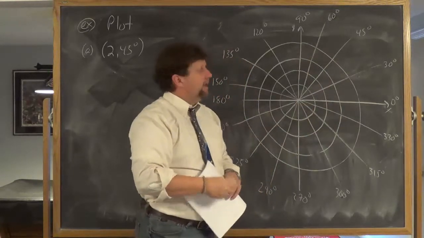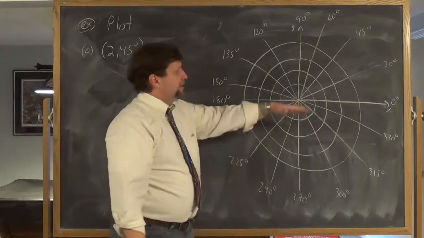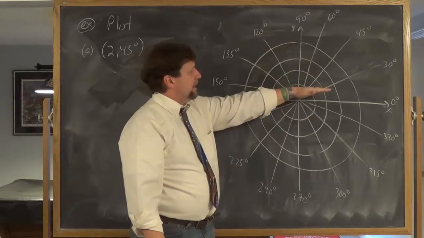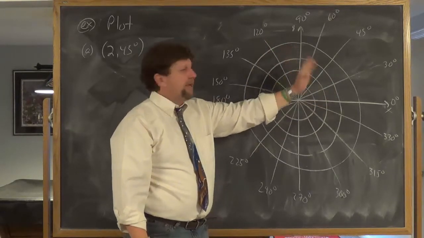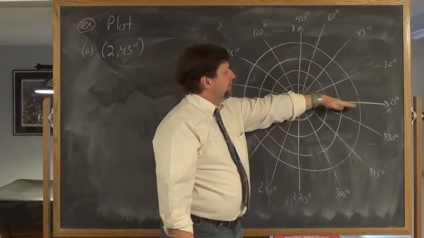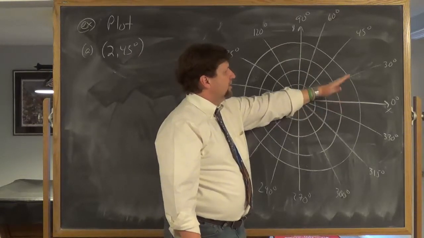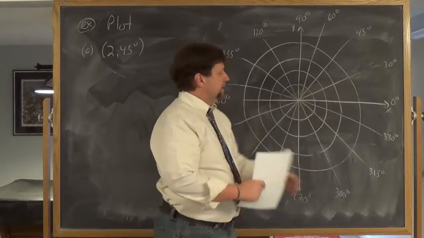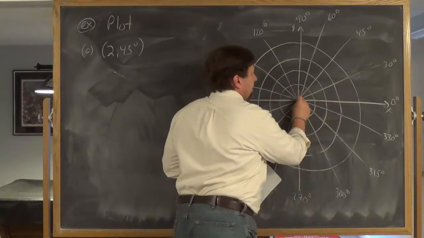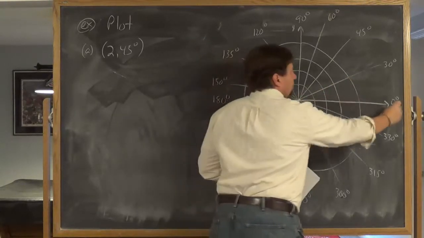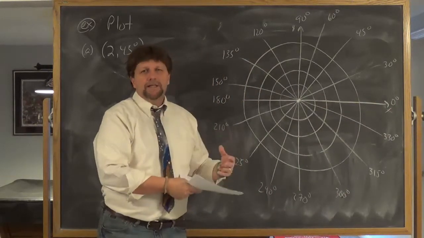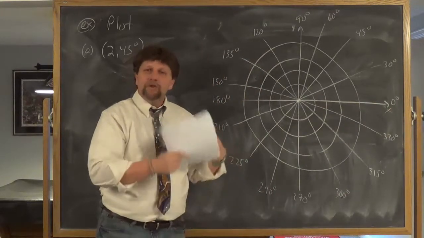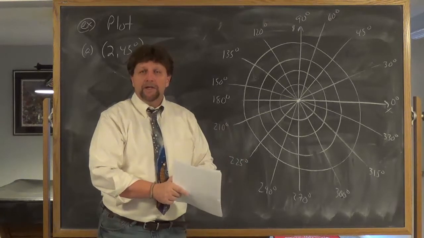Notice I've also drawn in some radial lines. These are just stopping points if my polar axis were given a rotation. So if my polar axis is given the rotation up to 30 degrees, that's where it would stop. And keep in mind, there's my pole. This is the polar axis. The polar axis always starts on the positive x-axis because we're superimposing it on the xy coordinate system.